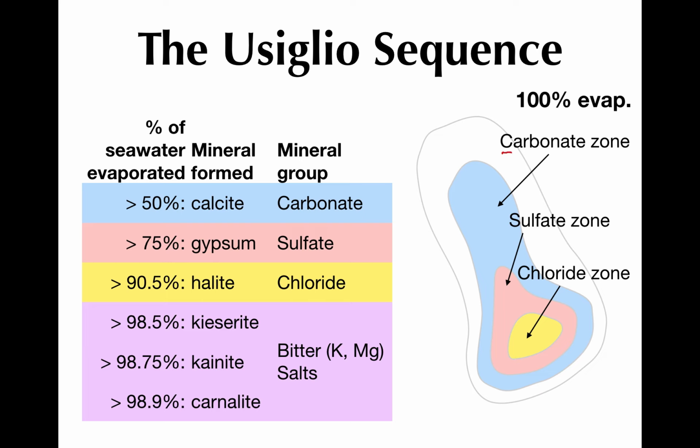The outermost zone, the carbonate zone, would be where you could precipitate out limestone or calcite. The sulfate zone would be the area where gypsum is found, and the chloride zone would be the area where halite and maybe some of those bitter salts could be found.